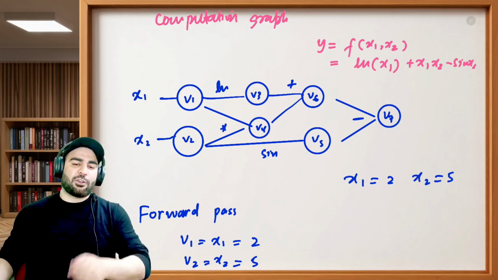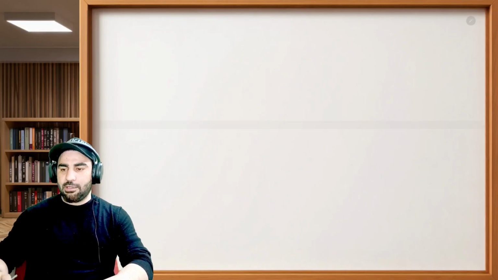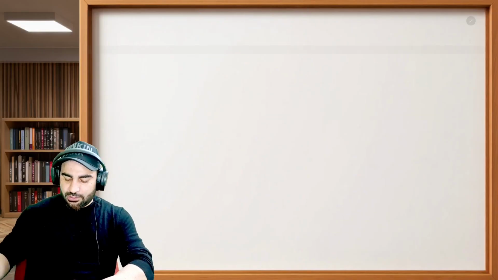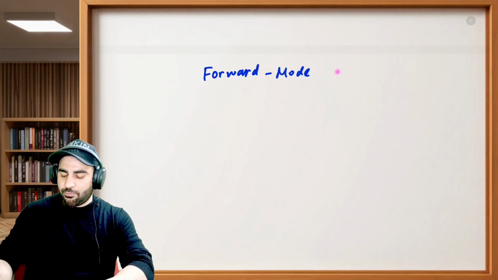So the first method of auto graders or auto differentiation, or automatic differentiation, is called the forward mode of automatic differentiation.